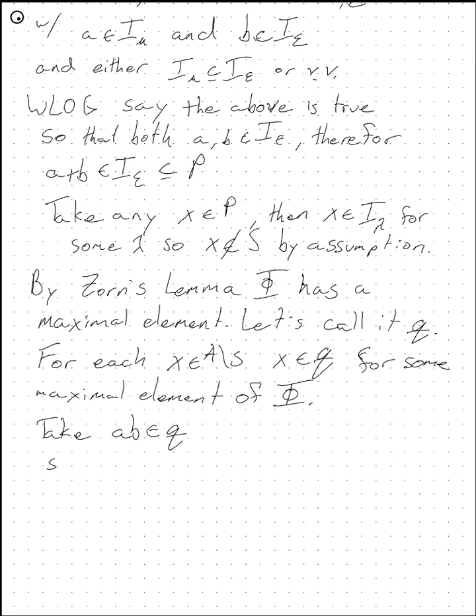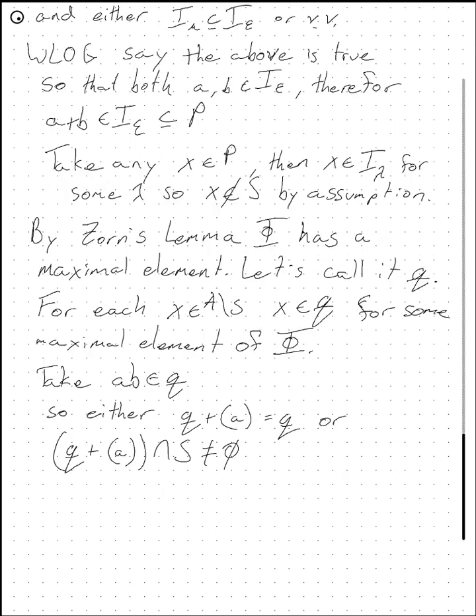So either Q plus the ideal generated by A is equal to Q, or Q plus the ideal generated by A intersect S is non-empty. The same argument goes for B. If this is true, then A is contained in Q, and we're done. So let's look at what happens if this were true.